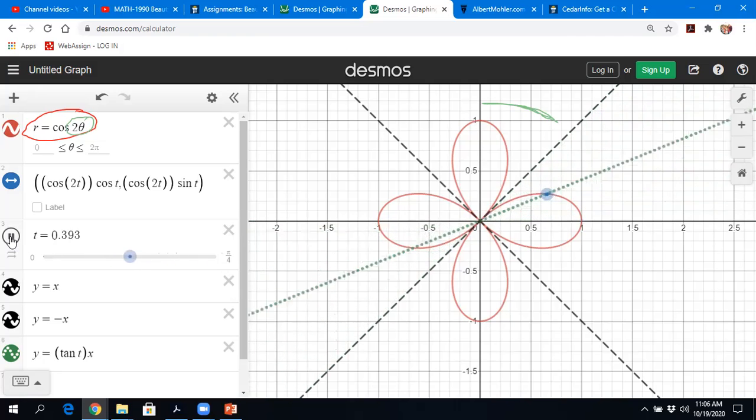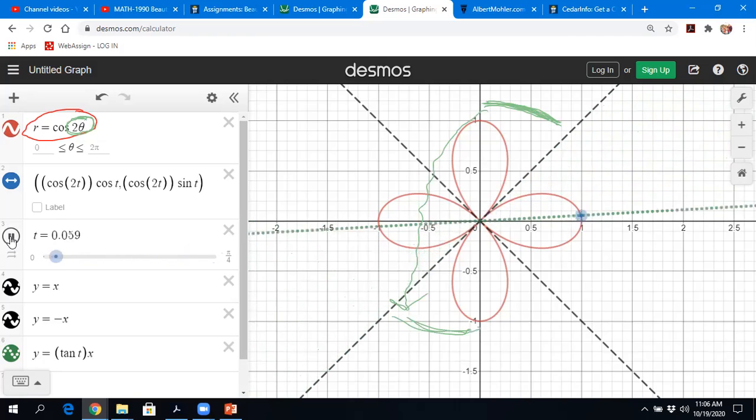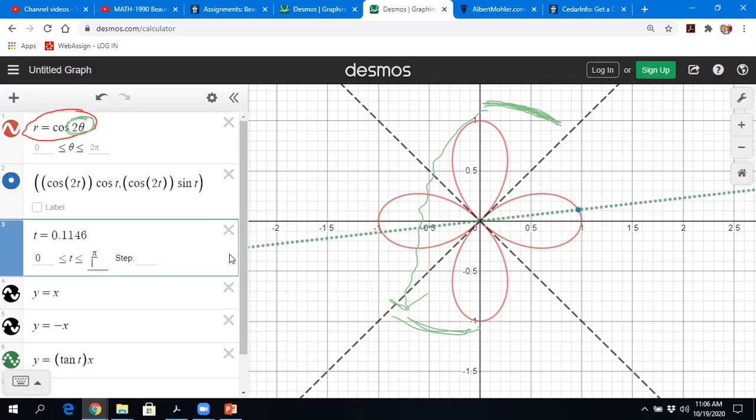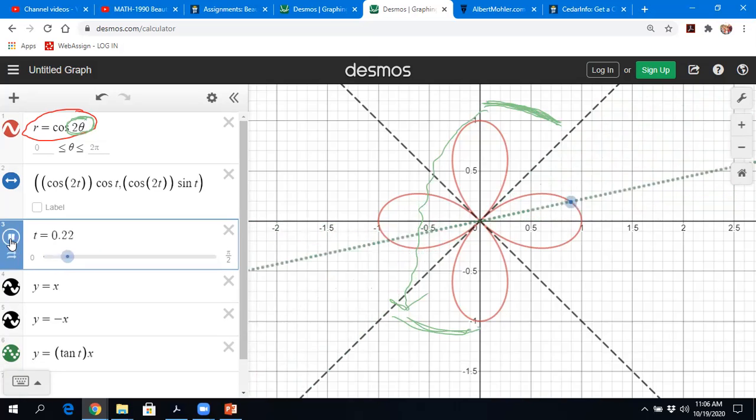So the radii for cosine of 2 times this angle actually get flipped over into this place right here. Does that make sense? Because the radii are all negative, which is why if you increase this thing to pi over 2 and you say go for it, look what happens.